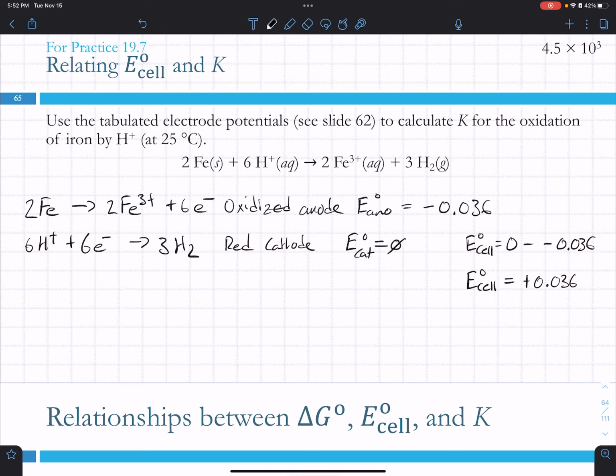Now we can use our new equation for delta G, standard conditions. Oh, sorry, no, other one.